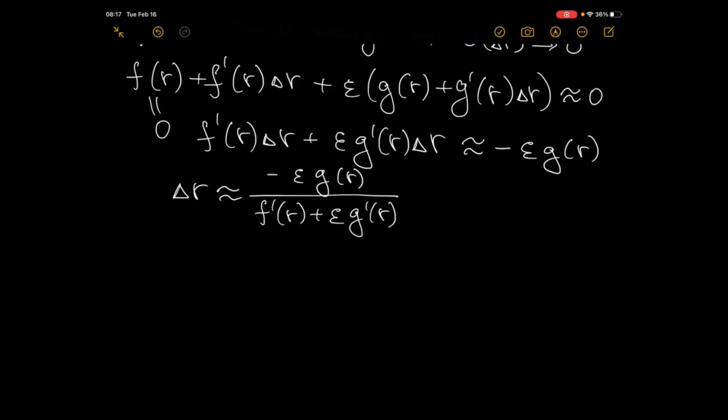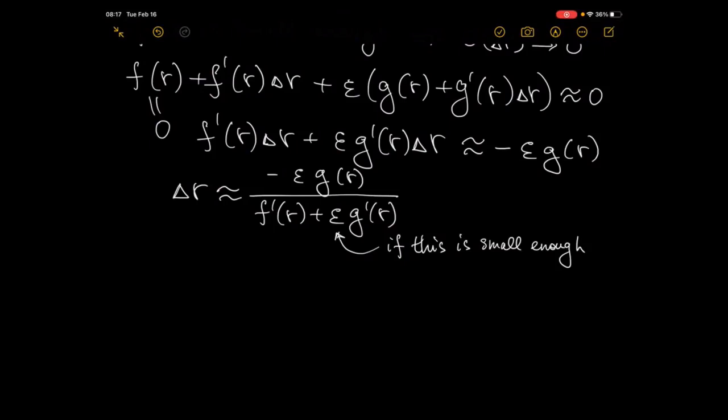Okay, but if this is small enough, so for example, let's say this is a really small number, and this is usually what we have, because this number comes from the finite precision of representation of floating point numbers.